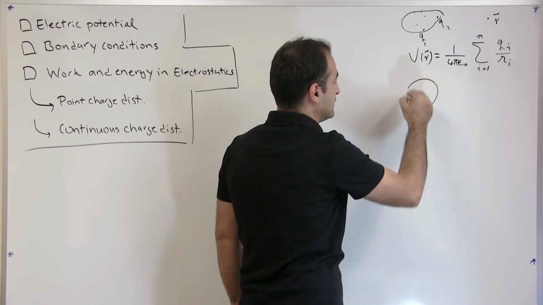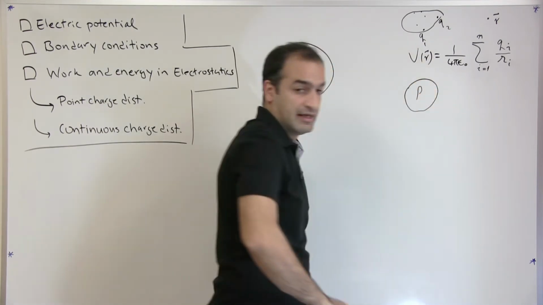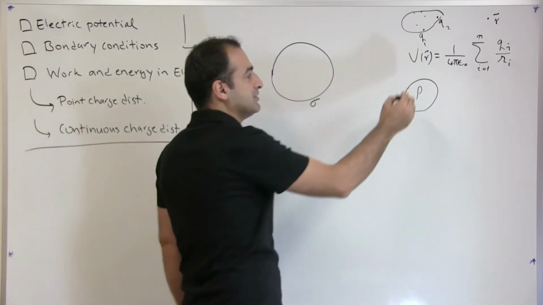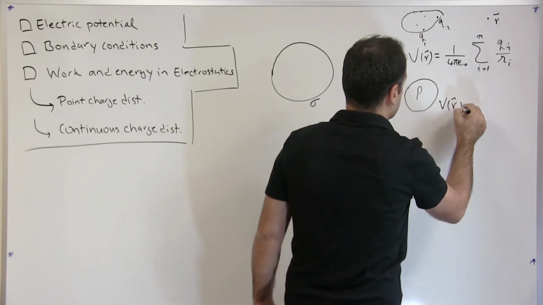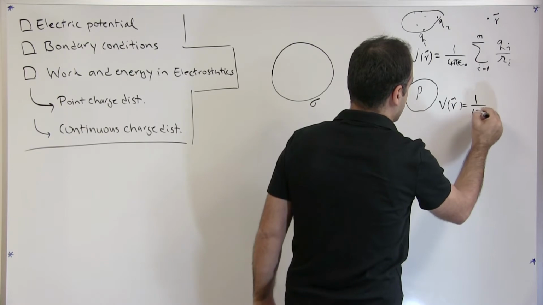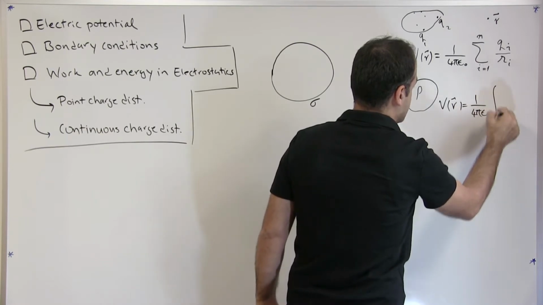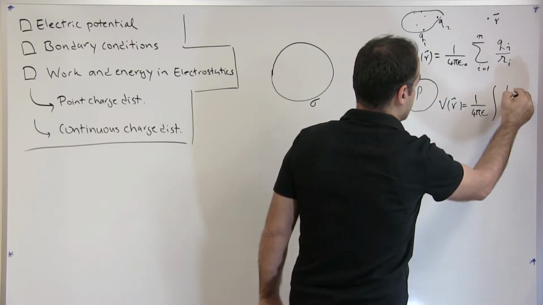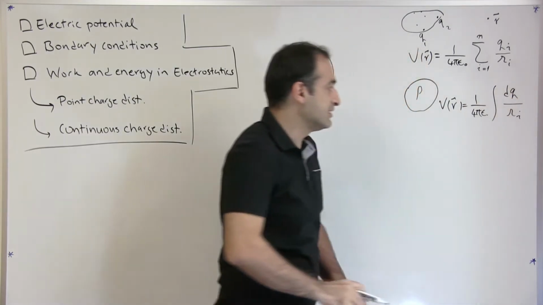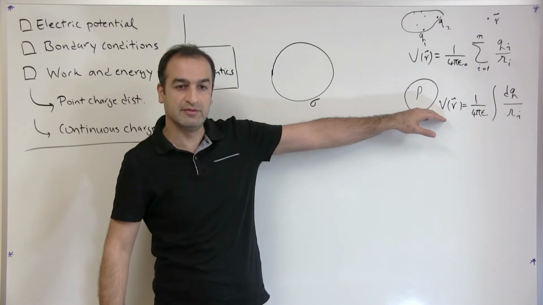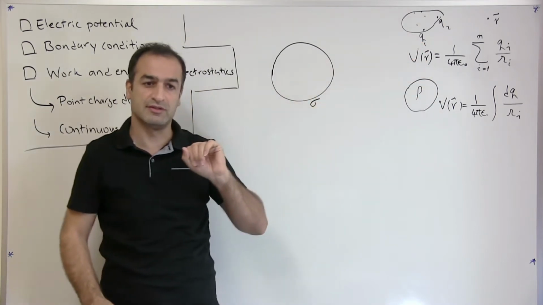What if we have continuous charge distribution? If we have continuous charge distribution, this summation can be transferred to the form of an integral, 1 over 4 pi epsilon 0 integral of dq over Ri. So this is for continuous charge distribution, and this is for discrete charge distribution.